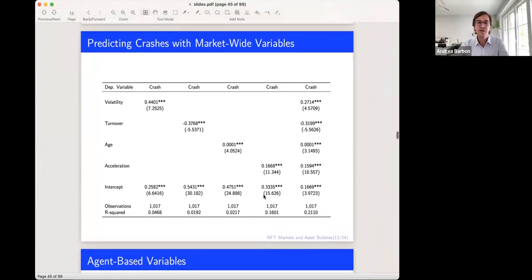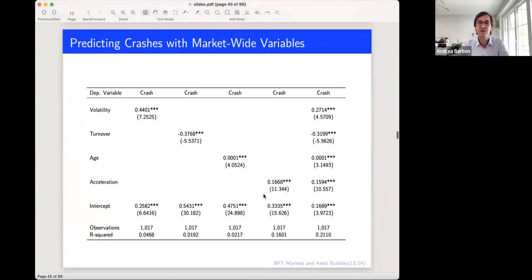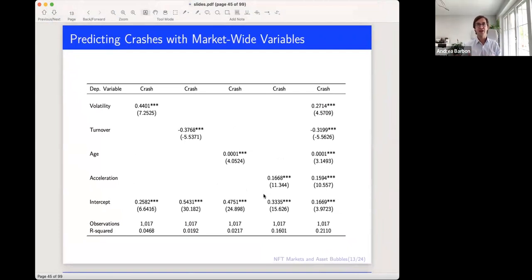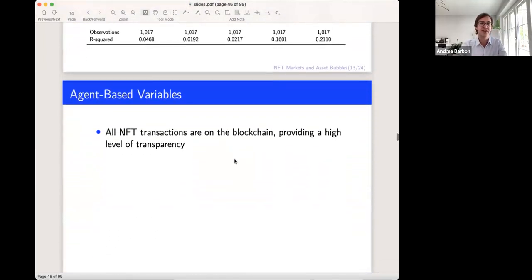All right, so all of those variables are market-wide variables. Okay, so we don't actually need to go at the investor level in order to construct these variables, right? So we can just look at returns, we can put our volatility, look at trades, and put our turnover, etc. But now let's move into a more interesting territory.